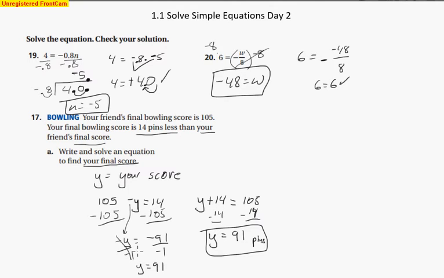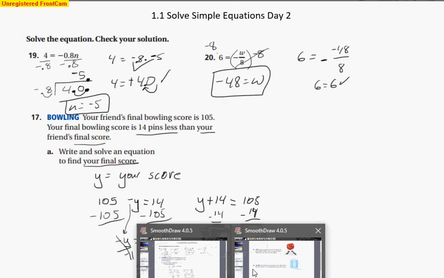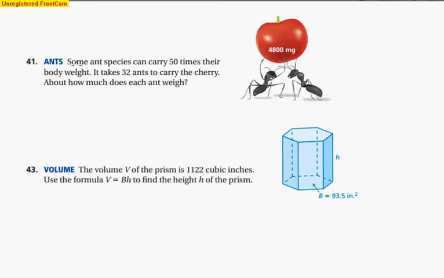Let's take a look at our next problem here. So it says ants. Some ant species can carry 50 times their body weight. It takes 32 ants to carry the cherry. It tells us the weight of the cherry right here, and about how much does each ant weigh. It says that an ant can carry 50 times its body weight.